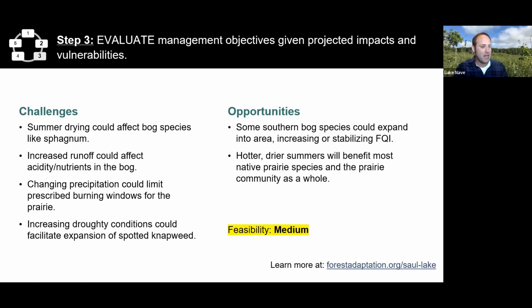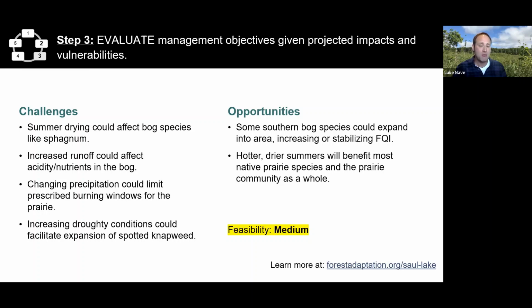On the flip side, they identified some potentially good news, one of which is the possibility that southern species of wetland affinities, including southern bog species, could expand northwards into the area, and that could help to offset the loss, perhaps, of more northward distributed species.